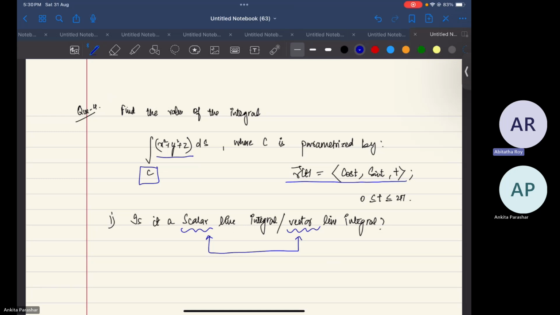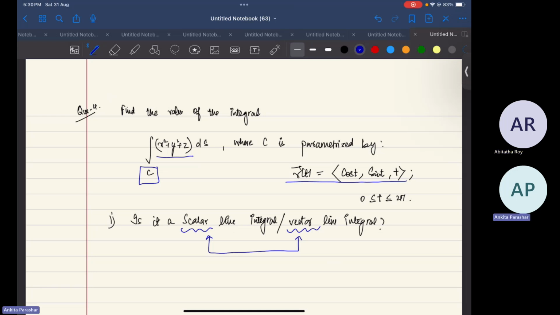It affects the output of the function. Not just that, the line integral itself is different, and geometrically it's very different. When we have a scalar line integral, if you remember, it is the area above the curve, along the curve and below the surface.